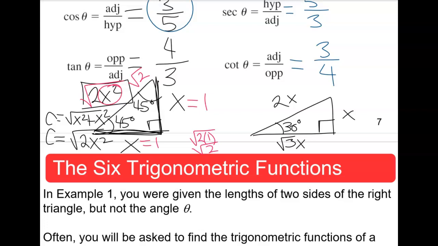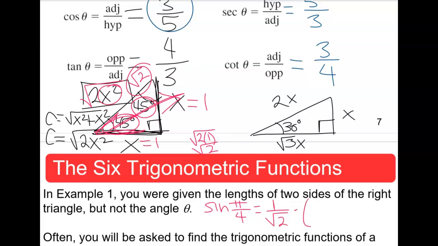So now, remember that 45 degrees is exactly the same as pi over 4. If I ask you, what is the sine of pi over 4 or 45 degrees? It will be based on triangles, and I'm talking about this 45. The opposite side will be equal to 1, and the hypotenuse will be equal to the square root of 2.